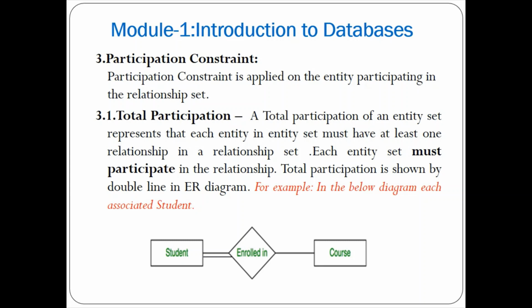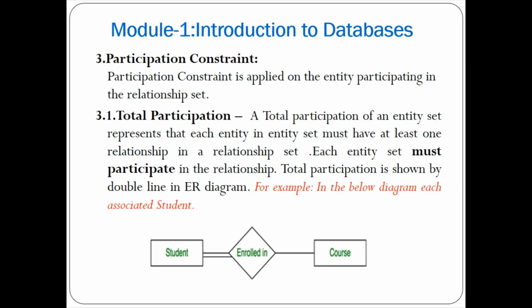Let us take total participation. Total participation of an entity set represents that each entity in the entity set must have at least one relationship in a relationship set. Each entity must participate in the relationship. We call it total participation.